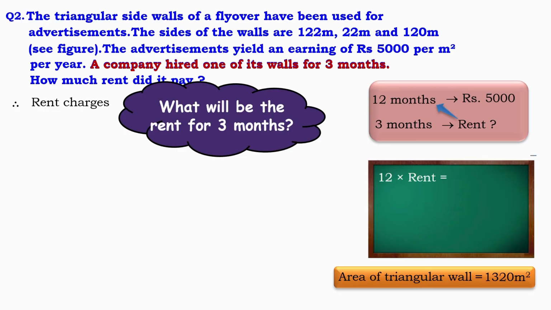Since it is directly proportional, we can write 12 by 3 is equal to 5,000 by rent. So in turn we can write 12 into rent equal to 5,000 into 3. That is the cross multiplication. So now rent will be equal to 5,000 into 3 by 12.